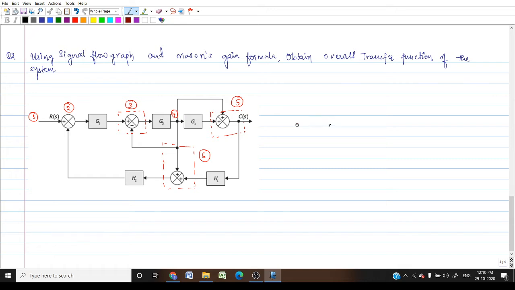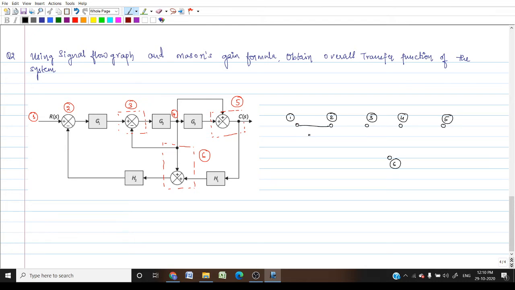1, 2, 3, 5 and 6. Name it 1, 2, 3, 4, 5 and 6.